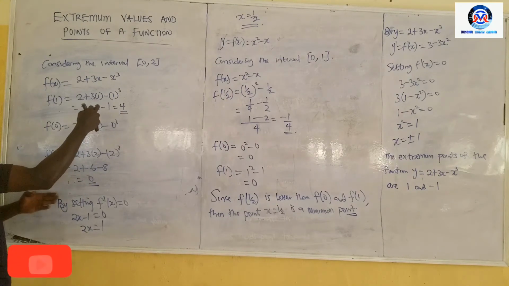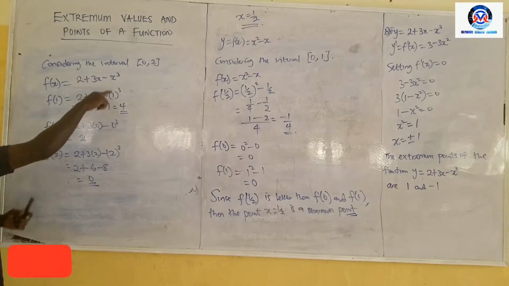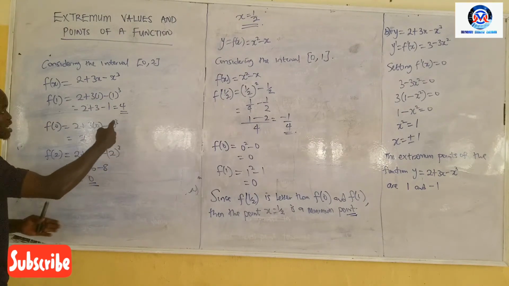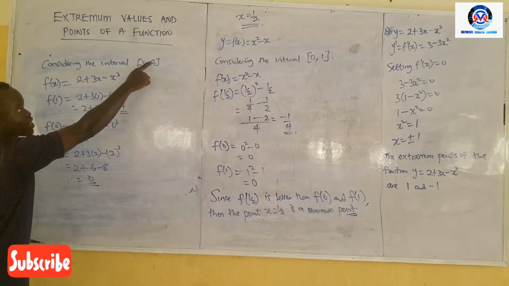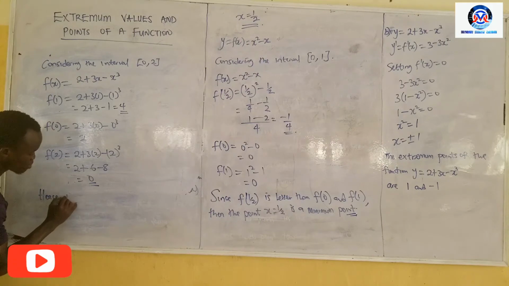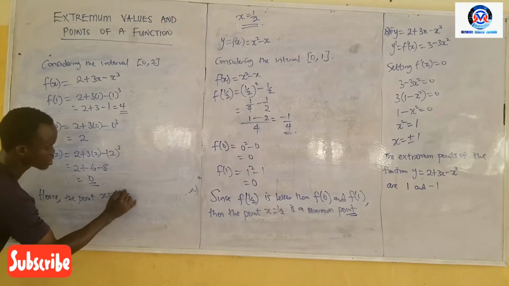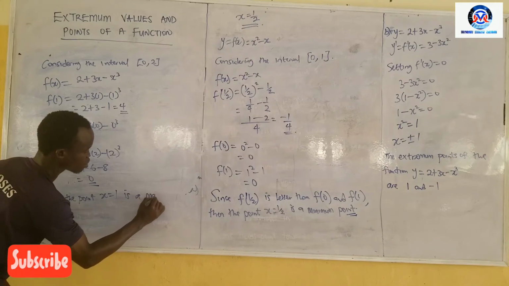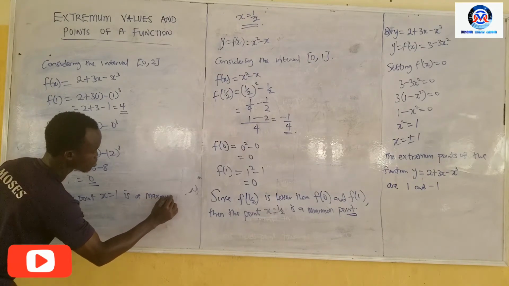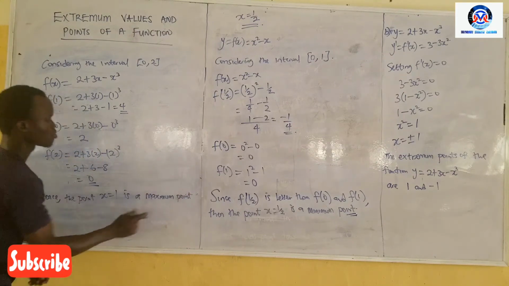So the evaluation of the function at the point x equals 1 is greater than the evaluation of the function at 0 and 2. So hence, the point x equals 1 is a maximum point. It is called a maximum point.